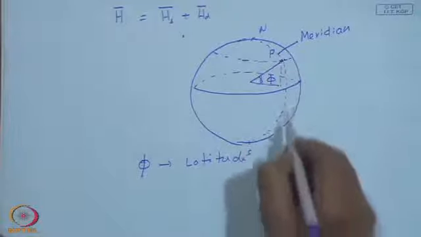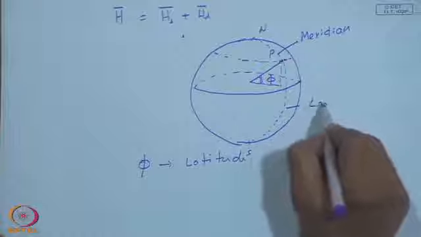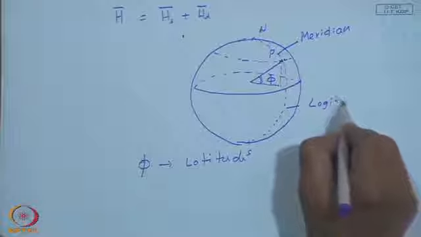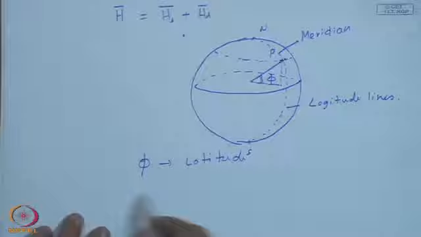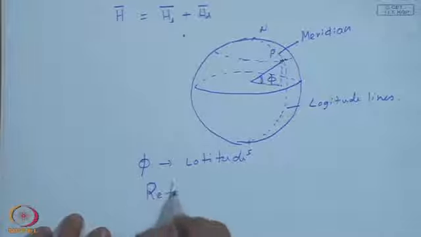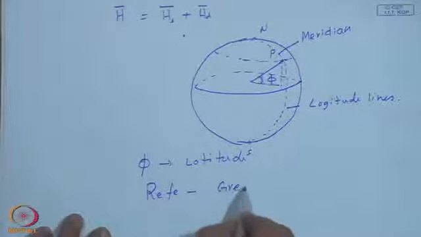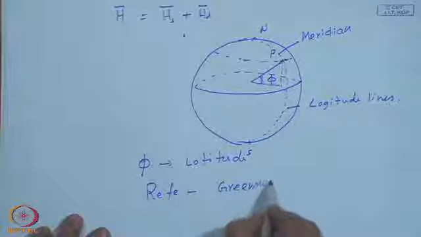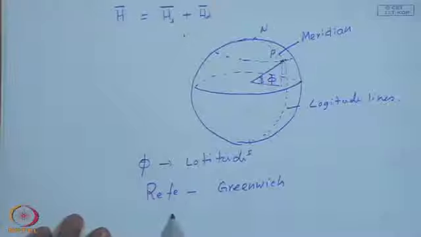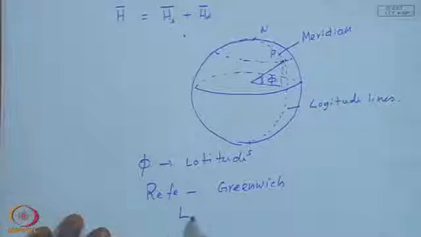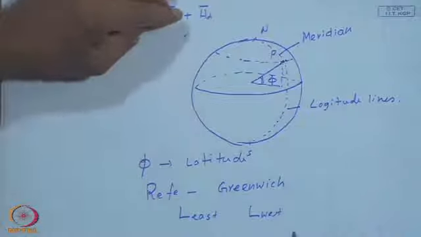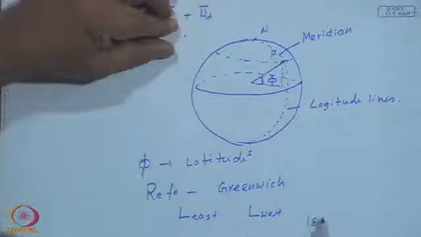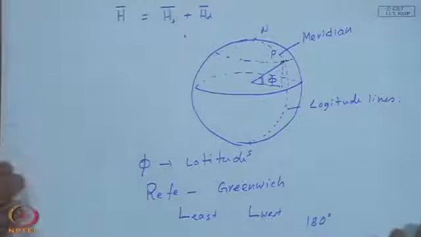These are called the longitude lines, and the reference is through Greenwich. It is longitude east and longitude west, given in changes of 180 degrees. There is no sign convention associated with the longitude.